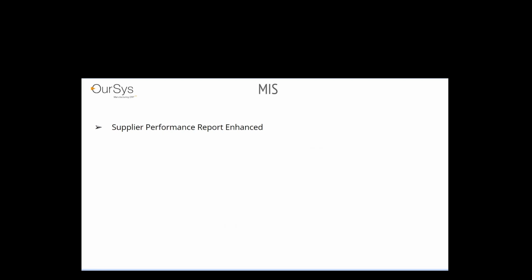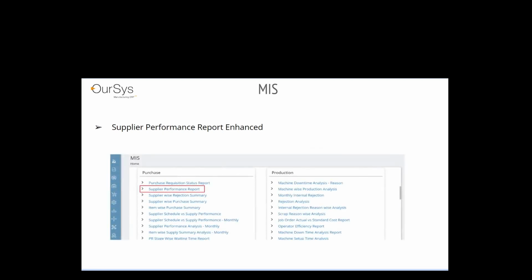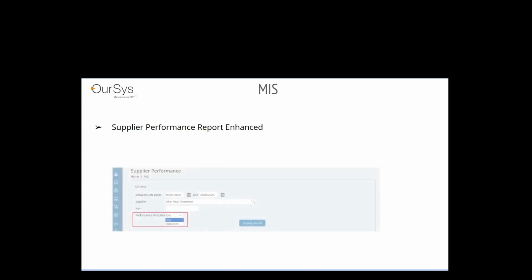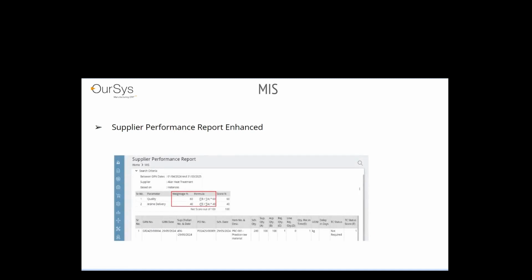So based on this, the user can create that template, and in the supplier performance report, in the search criteria, they can get the result by selecting that particular template that has been created. So the system will show me the performance report based on that criteria only.